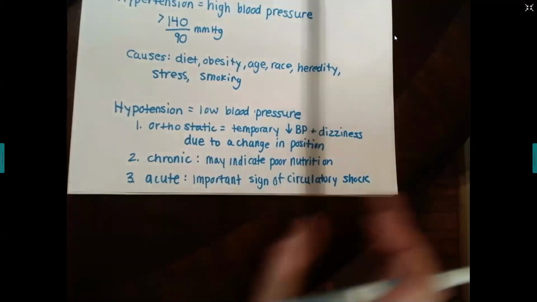All right, so let's keep moving here. Get another piece of paper. And with high blood pressure and low blood pressure, or just blood pressure in general, one little factor that I want to talk about are other factors that can influence arterial blood pressure.